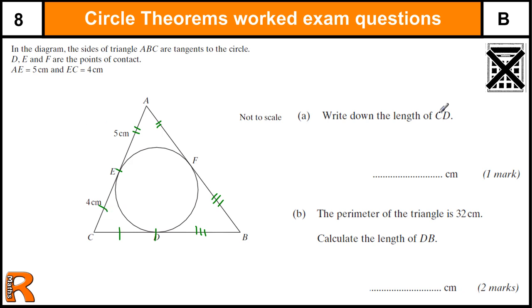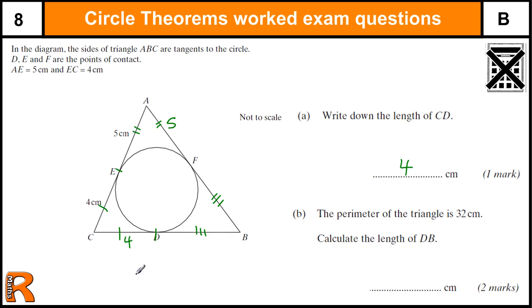So we're going to write down the length for CD. From C to D is going to be the same as C to E, so that's going to be 4 centimeters. And the perimeter of the triangle is 32, calculate length of DB, so the whole triangle is 32. We know that's 4, that's 4, that's 5, that's 5.